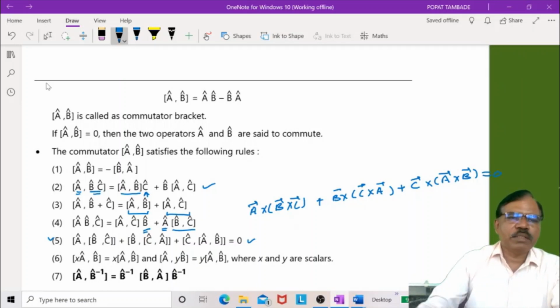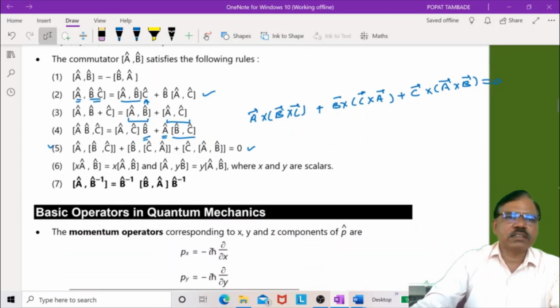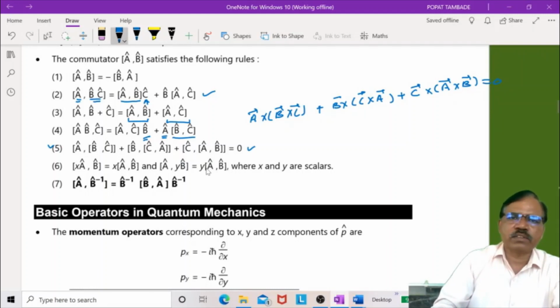Now the next one, commutator [xA, B] is equal to x multiplied by commutator [A, B], and commutator [A, yB] is equal to y times commutator [A, B], where x and y are scalars.